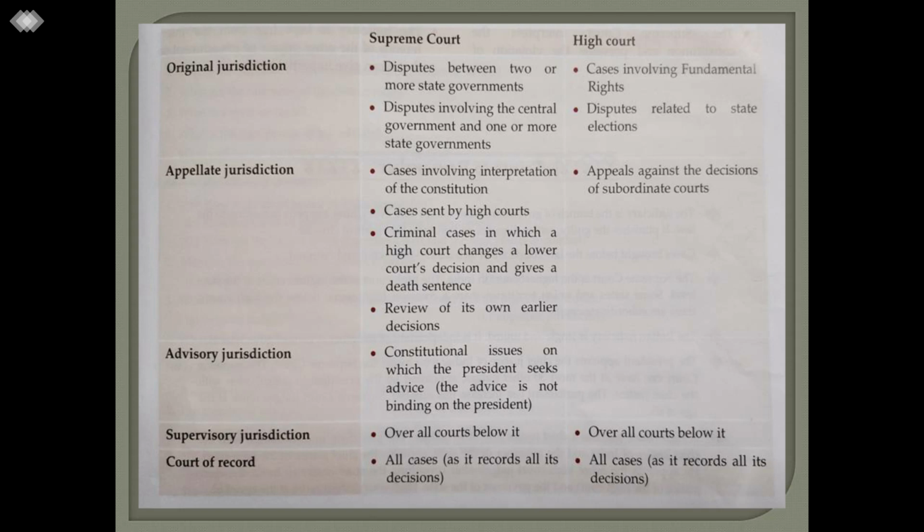As a court of record, the Supreme Court includes all cases as it records all of its decisions. The same holds for the High Court as a court of record.